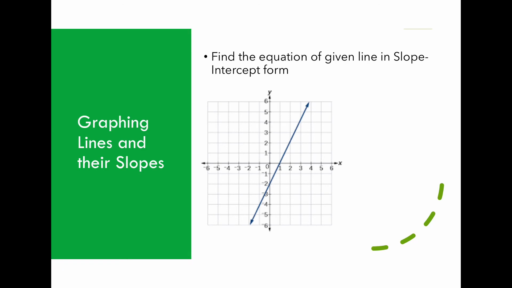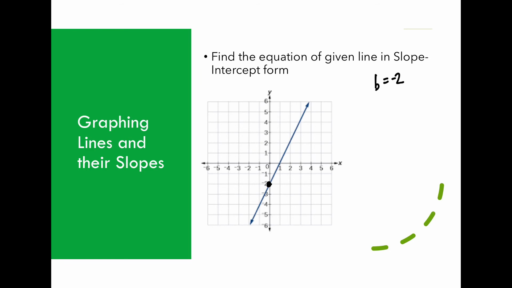And looking at this, we can see that it's crossing at a whole number. If it was crossing in between the -1 and -2, we wouldn't really know, so in other words, if the y-intercept was a fraction, we wouldn't really be able to do this. But since it's crossing at a whole number, I know that my b is -2.